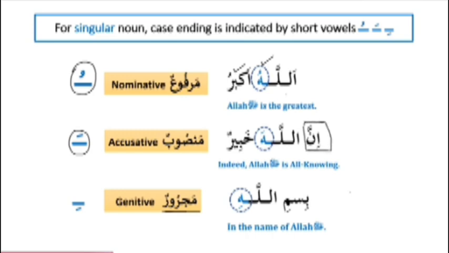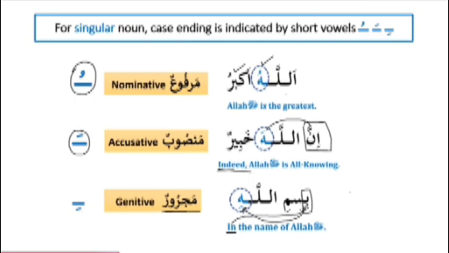So here, you should only know that the Amil is Inna, and here the Amil is Harf Jar B. So the noun has Fatha over here because of Inna, and here it has Kasra because of the preposition, the Harf Jar B. And if you look at the meaning, Allahu Akbaru, Allah is the greatest. Inna Allah Khabirun, indeed Allah Jalla Jalalahu is all-knowing. So inna means indeed, and then we have Bismillahi. Since it's a preposition, you can look at the translation: in the name of Allah.